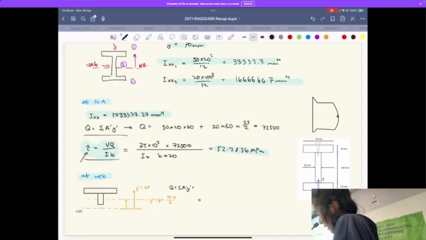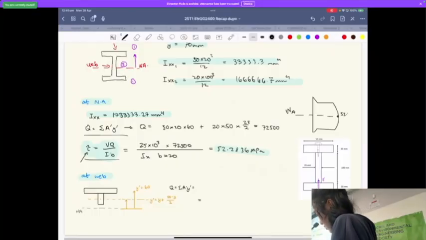Basically this is the neutral axis, and this will be 52.286.